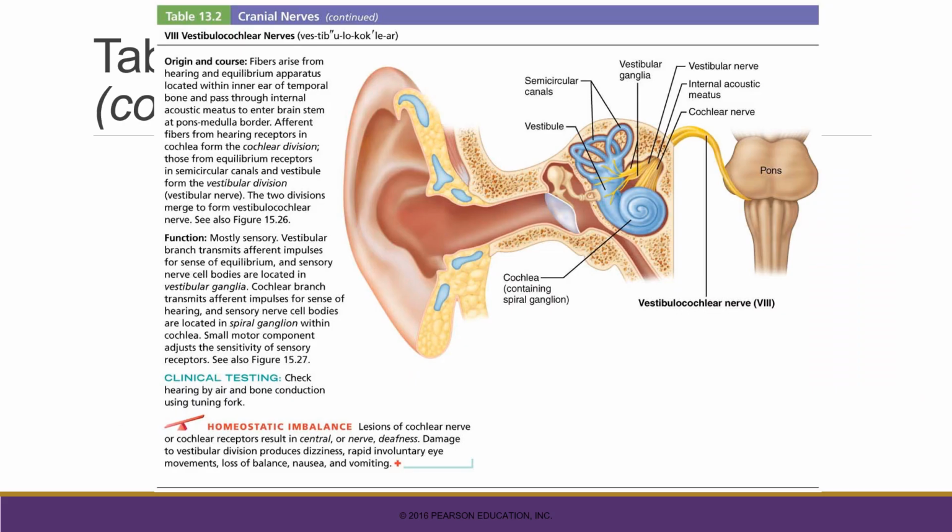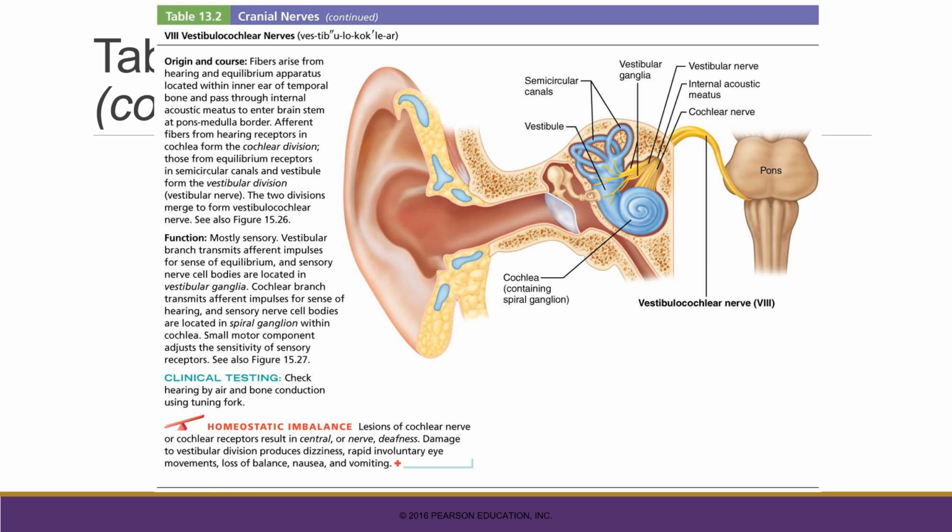So the review slide here kind of ties it all together for vestibular cochlear nerve. So the origin and course: fibers arise from hearing and equilibrium apparatus located within the inner ear of the temporal bone, pass through the internal acoustic meatus to enter the brainstem at the pons medullary border. Afferent, so sensory fibers from hearing receptors in the cochlea form the cochlear division.